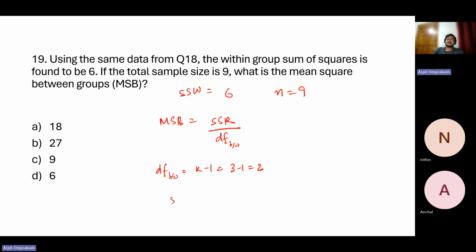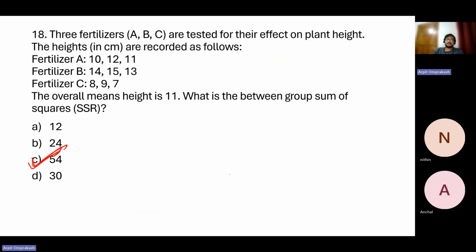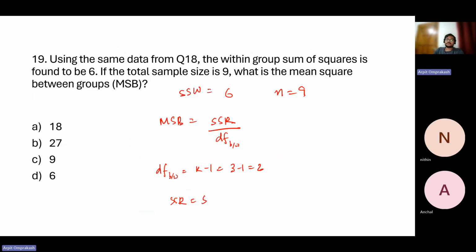Our SSR is not given in this question; it's what we calculated here, which is 54. So our MSB, or mean square between groups, is SSR 54 divided by degrees of freedom 2, which is 27. The answer here is option B, 27.